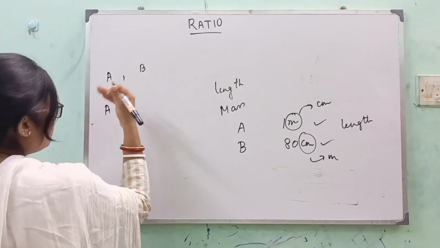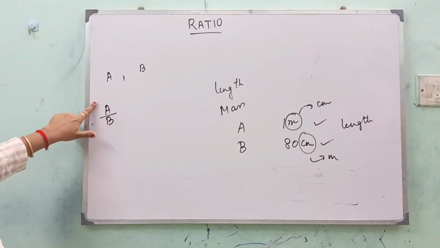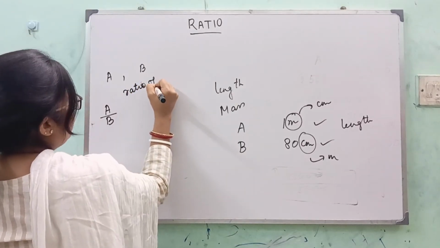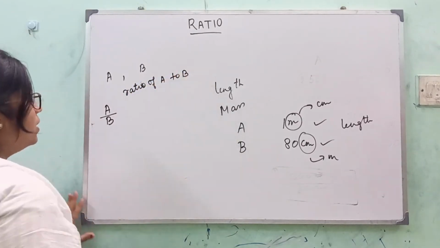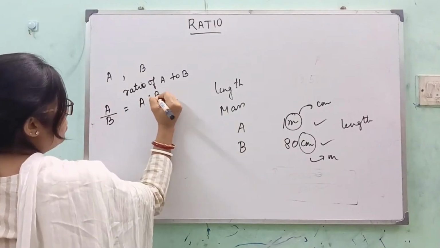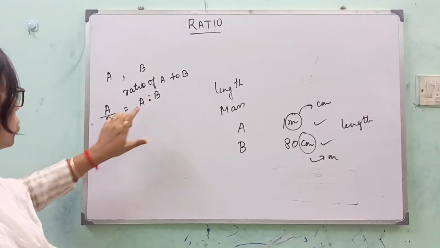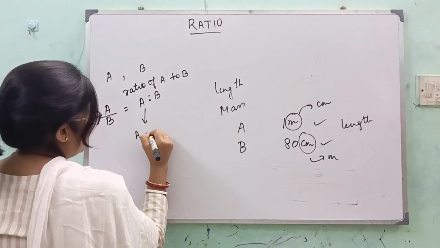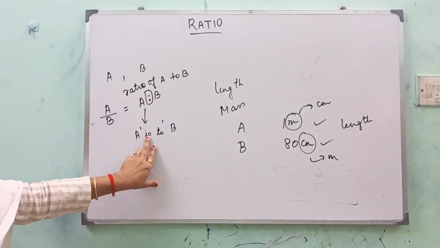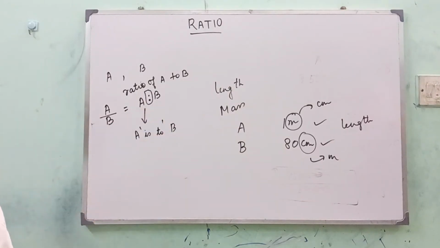We represent the comparison of A and B in the form of the fraction A by B. It is written as the ratio of A to B. That is A by B, which is also represented in the form A, then two dots, and then B. This is read as A is to B. This sign stands for 'is to'. So you read this as A is to B.